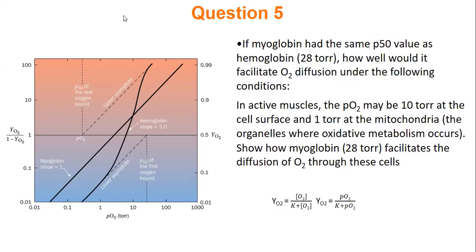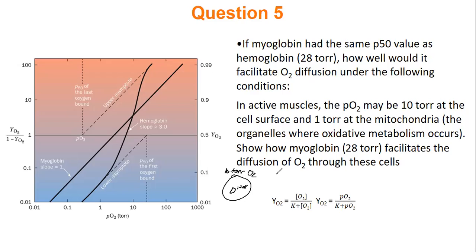So I'm going to work this out. Again, I'm going to draw a picture. At the cell surface, oxygen pressure is 10 torr. At the mitochondria, it's 1 torr. And let's say in our bodies we have a mutant myoglobin that has the same P50 as hemoglobin.